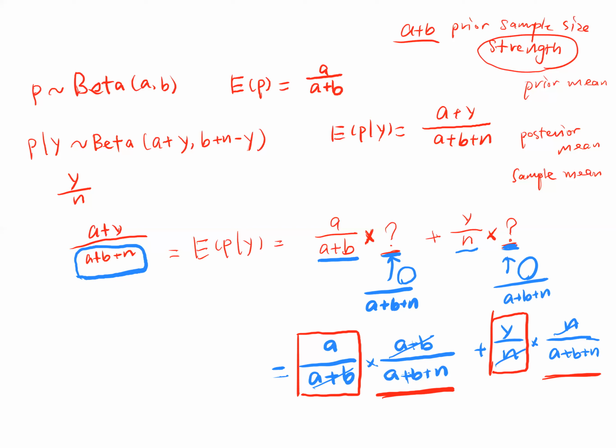More specifically, if we just focus on this one for now, we talked about a plus b as the prior sample size, and n is the sample size of the data. So what we're doing is looking at the ratio of the prior sample size over the data sample size.